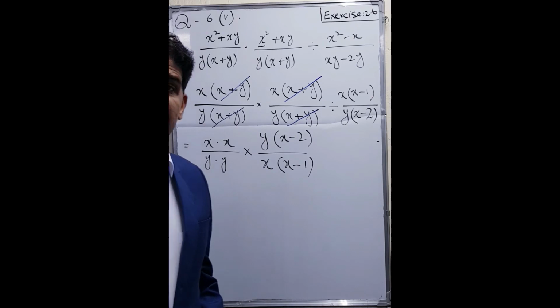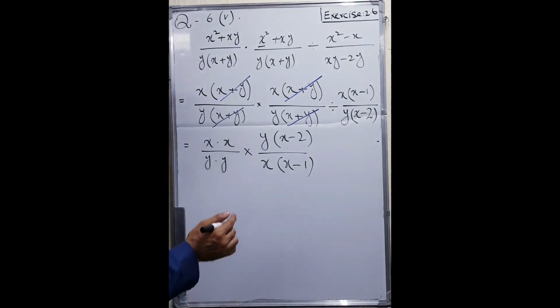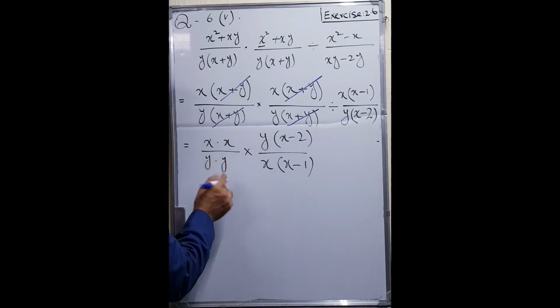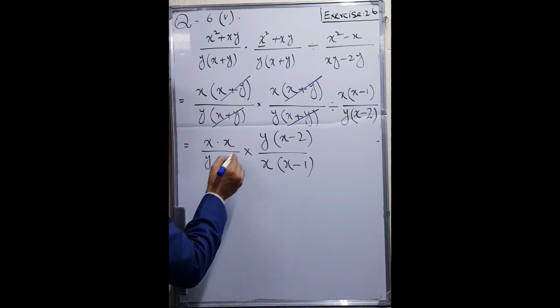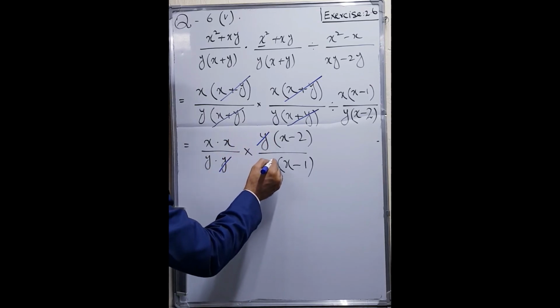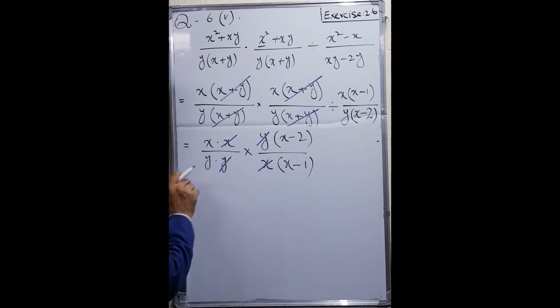Now tell me, what is the cancellation? Good. This y and y cancel and x cancels. That's the reason I did not write y square, because I know I want to cancel this y by this, and this x will cancel by this x. So the remaining part is our final answer.